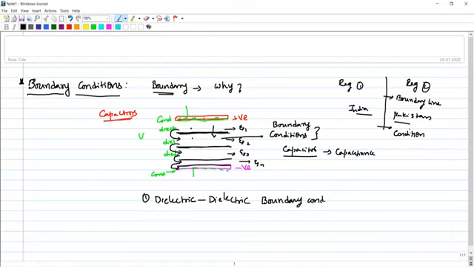This is the first step, and second we have one more boundary: from conductor to dielectric or vice versa, so conductor to dielectric boundary conditions.